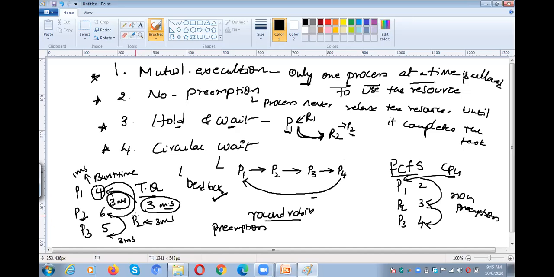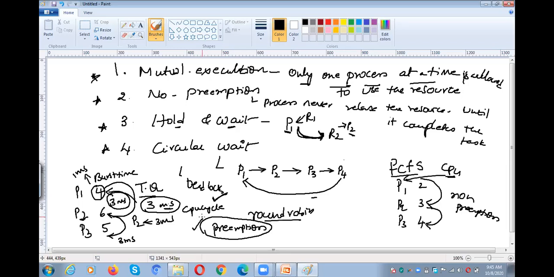After 3 milliseconds, we forcefully take the CPU from the process and allocate it to some other process. That is the reason why in round robin we are forcefully taking a resource from a process. Here the resource is CPU time, the CPU cycle. That is the reason why round robin comes under preemption.